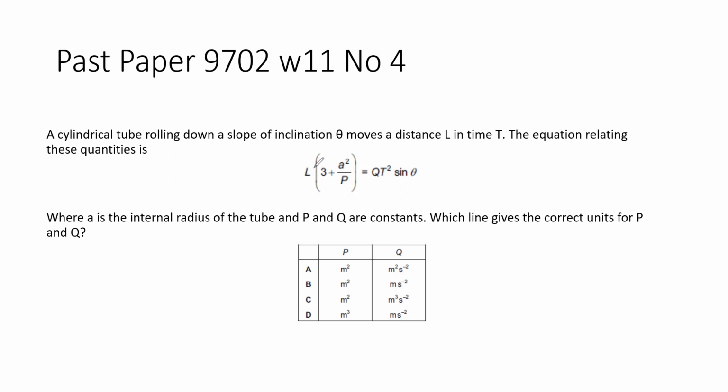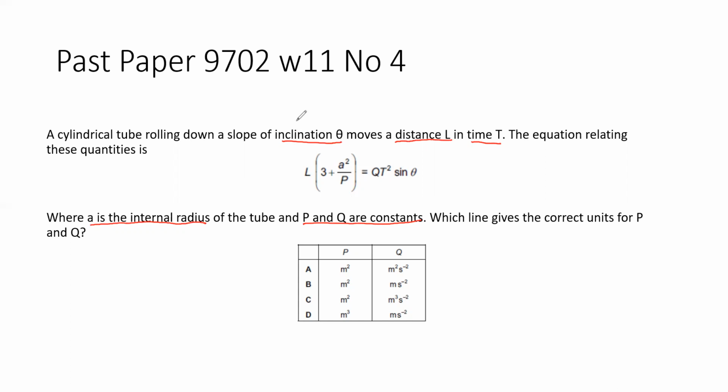For example, distance L, the internal radius a, time t, the inclination theta, and q and p are constants. Now, let's write down the units of each term.